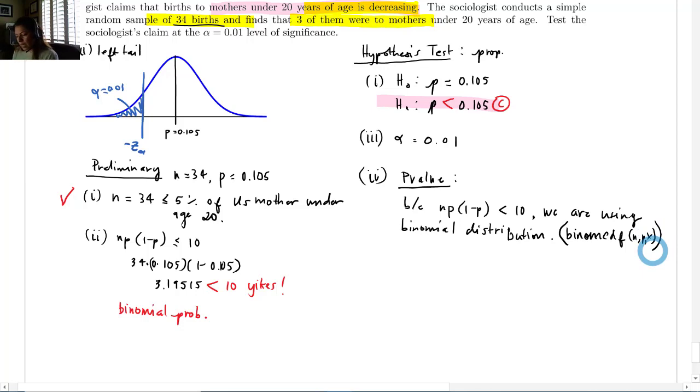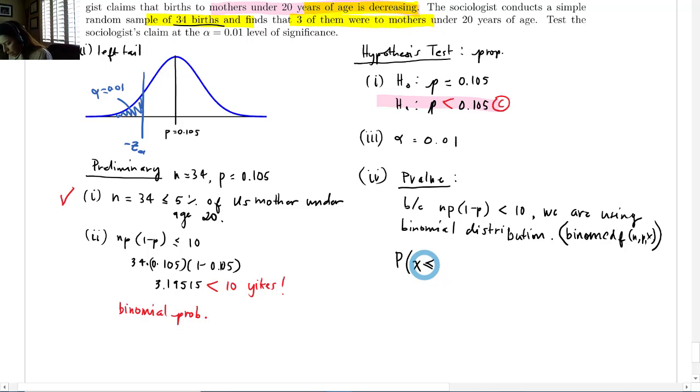Okay, so let's figure that out. What are we looking for? So we're looking for the probability that the value or proportion of mothers is decreasing, and that would be less than or equal to how many births.